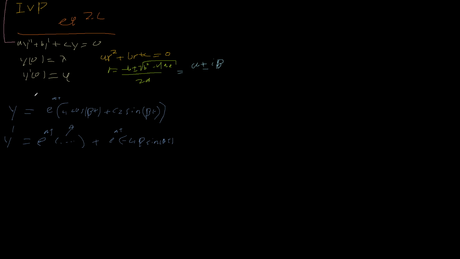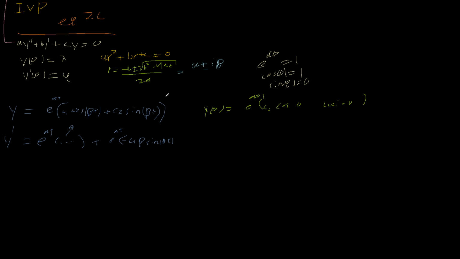So the first one to notice is that y of 0 is going to be e to the alpha 0 times c1 cosine of 0 plus c2 sine of 0, right? So what does that tell us? Okay, so first of all, we have three functions. e to the alpha 0 is 1, cosine 0 is 1, and then sine of 0 is, well, 0.